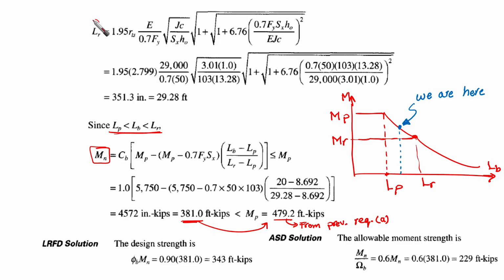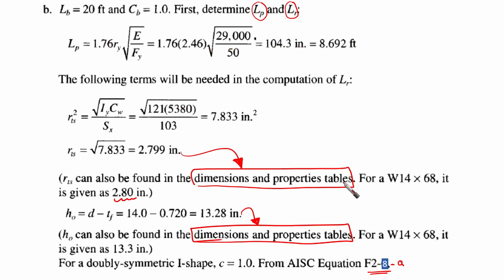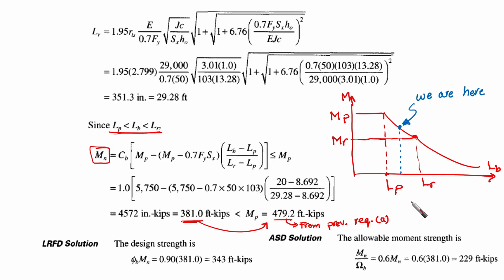Then L_r can be calculated from this long equation simply by substitution. You're going to find that it is 29.28. Previously L_p was 8.6, and L_r is 29.28.